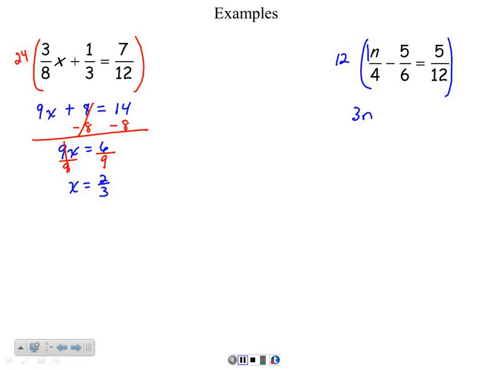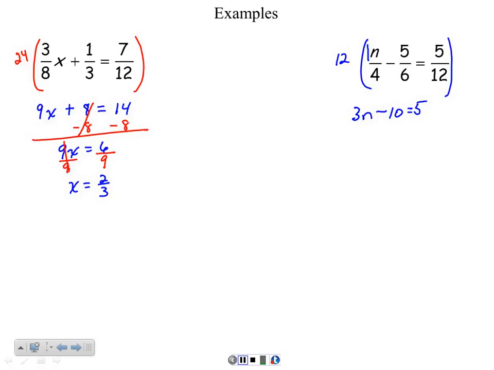And then 12 times negative 5/6, well, a positive times a negative is a negative. And 6 will go into 12 2 times, and 2 times 5 is 10. And then 12 times 5/12, 12 will go into 12 1 time, and 1 times 5 is 5.